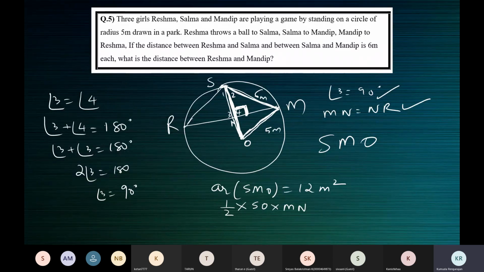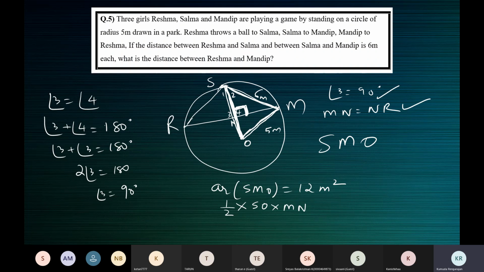See, first we find the area of triangle SMO using Heron's formula, because we know the lengths of all the three sides. We use Heron's formula, and the area of the triangle SMO is 12 meters square. Now we use this value of area and equate it to half base into height. Because for the same triangle, if you find the area using the formula half base into height, that also will give you the same result, 12 meters square.